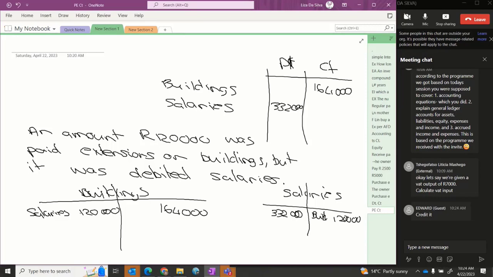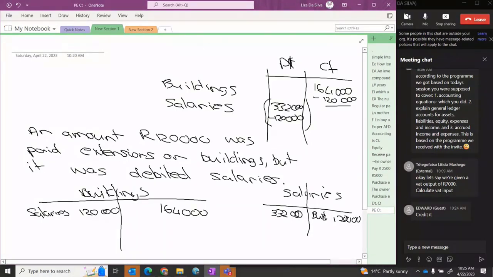And then you can see that for your salaries balance on the trial balance, you actually have to subtract 120,000 from that amount to get to the correct balance. And then the 164, you also have to subtract 120,000 actually to get to the correct balance.